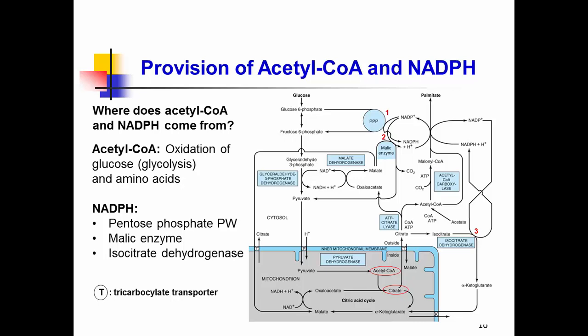And for NADPH, you already learned that the pentose phosphate pathway is one of the sources, which is also the most important source, right? And the other sources are malic enzyme, which catalyzes a reaction that can also generate NADPH, and then isocitrate dehydrogenase, which is also another source of NADPH production, right?